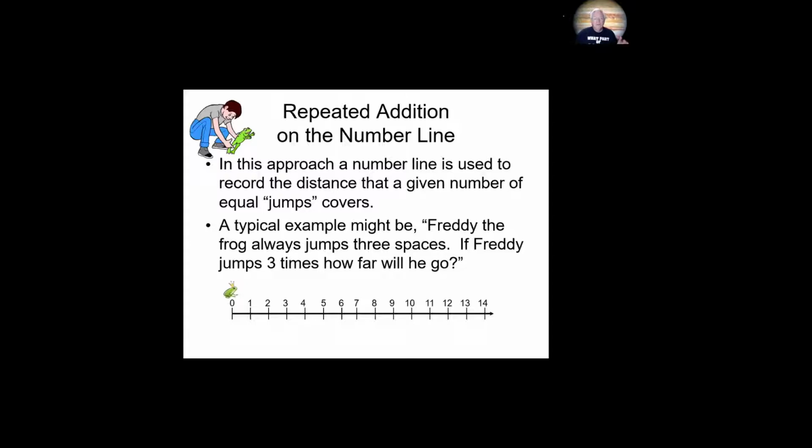Again, we want to make it as concrete as we can. What we're going to see here, though, is kind of a sketch level representation. So imagine, if you will, that this sketch represents an actual object. And that'll be closer in tone to what you'd be using in the actual classroom. So there goes Freddy. He jumps 3 spaces. And how many times does he do that? Well, he jumps 3 times.